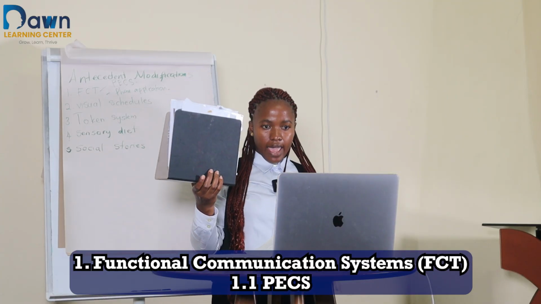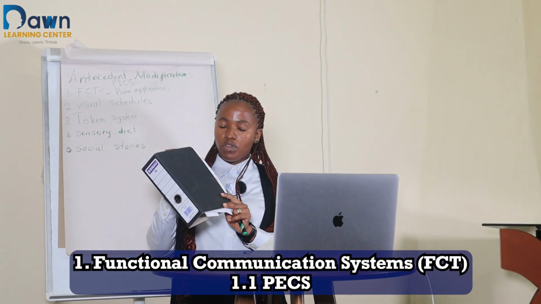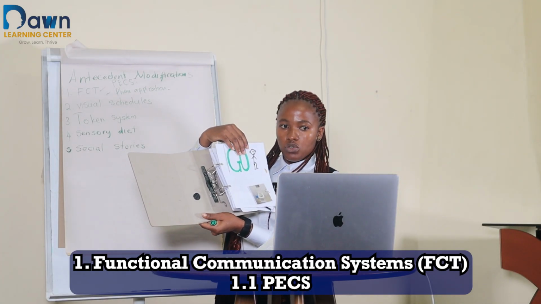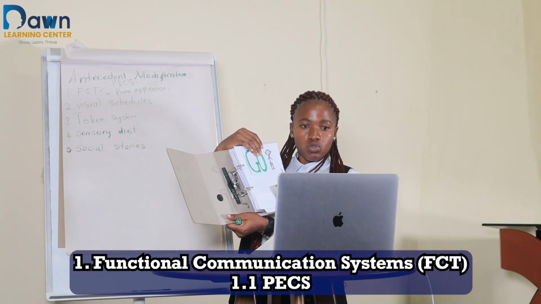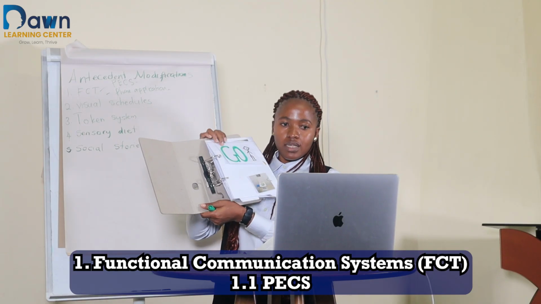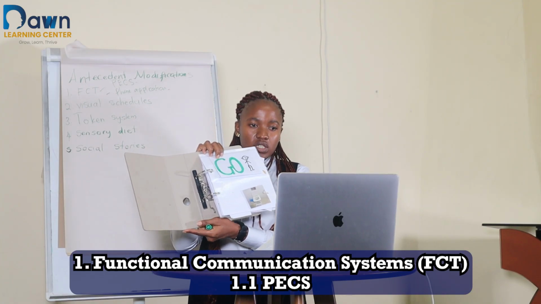This one is an A5 file. What we do is we take pictures of the things that the child usually uses at home or at school. So we might have even 1 or 2 PECs. This one is an example of a home picture exchange communication system.